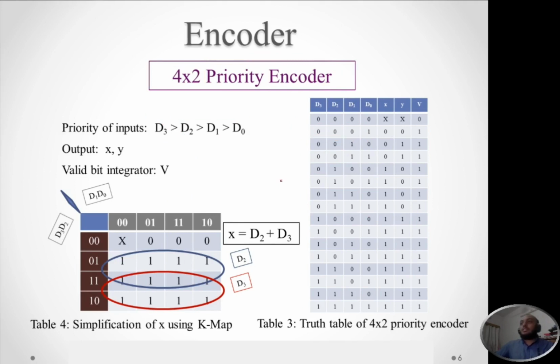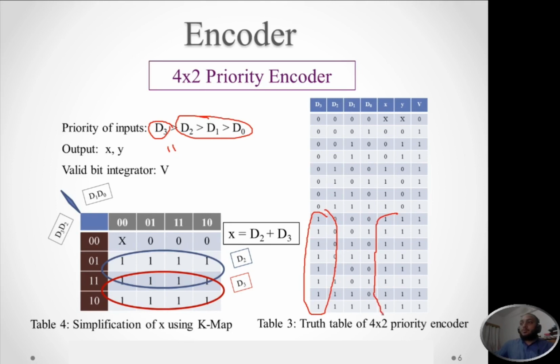So let's clean this up and again consider the case. We are saying that if D3 is present, whatever the other inputs are, we won't care about that.